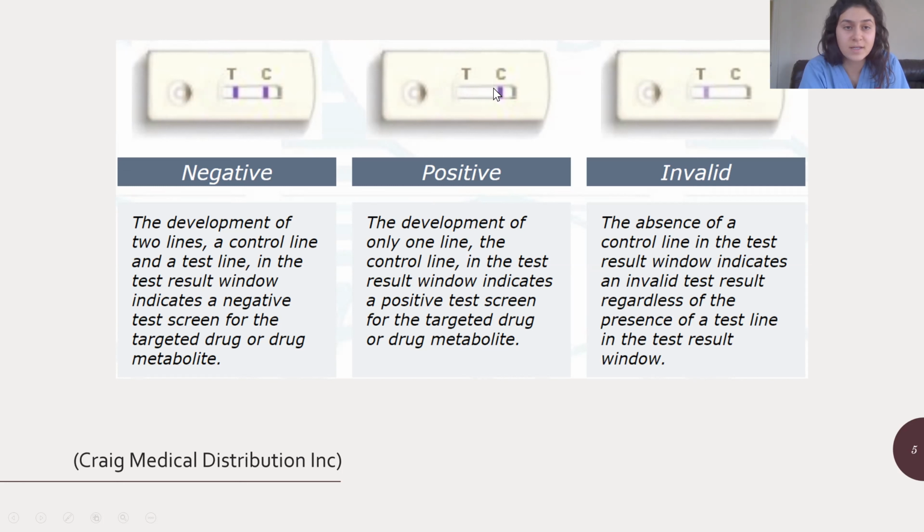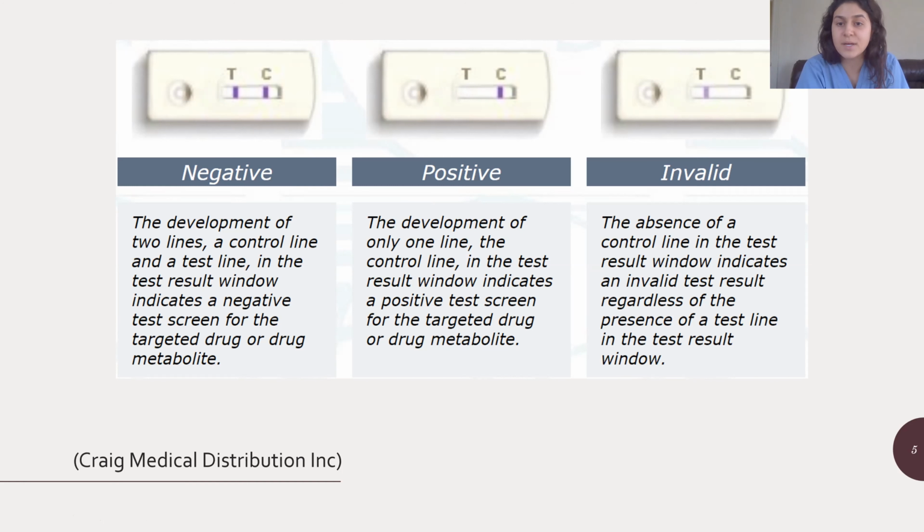And then if the test comes out negative, you will see two bands, one in the test region and one in the control region. Now, regardless of how dark or faint the test line region is, it does indicate a negative result. So any line at all.